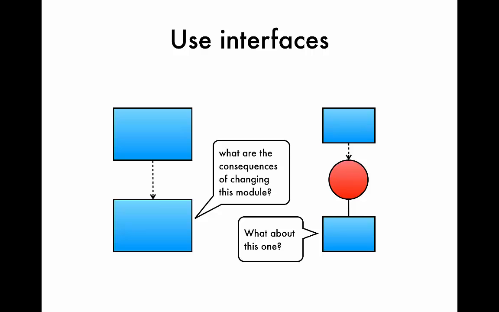In the diagram on the right, you have a concrete class that depends on an interface and another concrete class that implements that interface. If you modify the concrete class on the bottom, the one that implements the interface, your system will still work because the new implementation must still conform to that interface. The concrete class that depends on the interface still works because the interface has not changed.